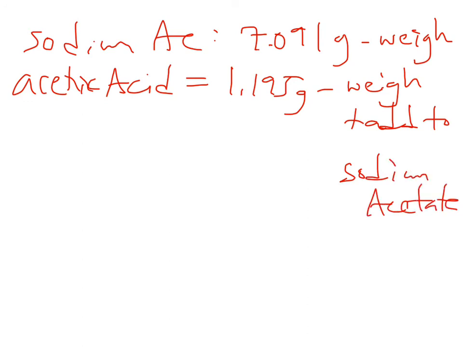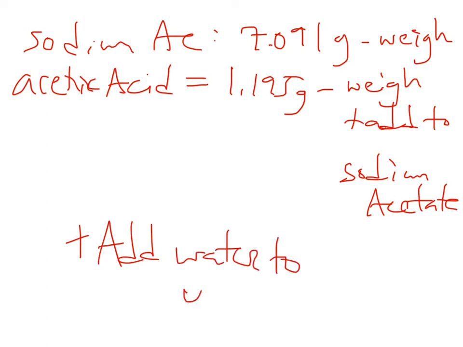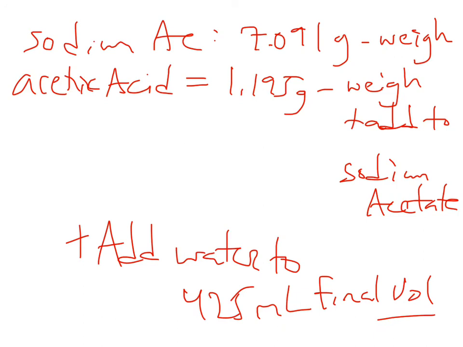So now we have the amounts of both of our buffering pieces. What else do we need to do? The last thing we need to do is add water. And where do we want to end up? To 425 mils. Final volume. Okay, that is how we'll make our buffer. So what you're going to do is get your 7.09 grams of sodium acetate and 1.195 grams of acetic acid.